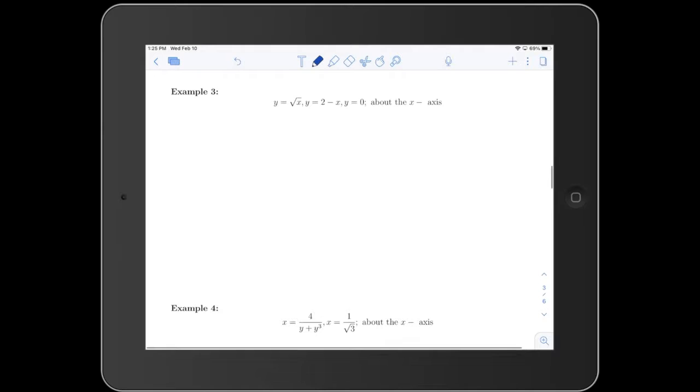Business as usual, as far as the initial step, we've got to make a nice picture. Here's our x and y plane. We have the function y is equal to square root of x, which looks something like that.